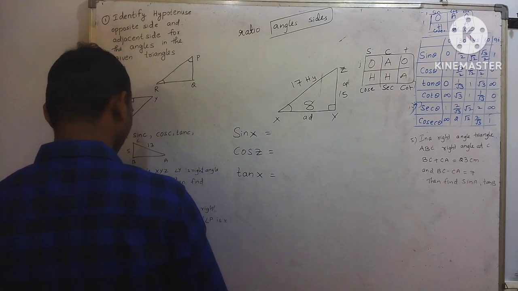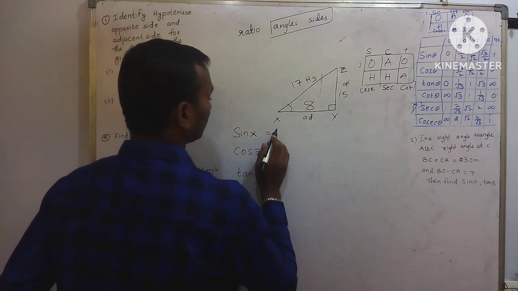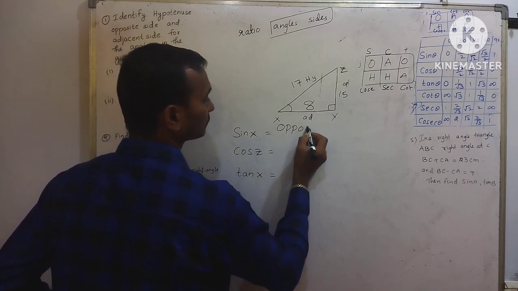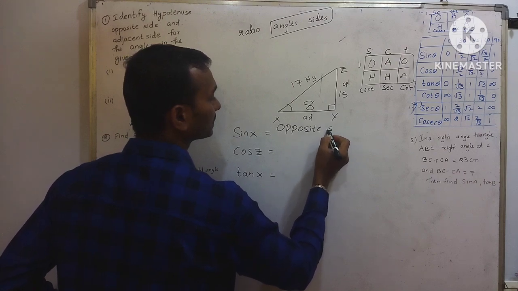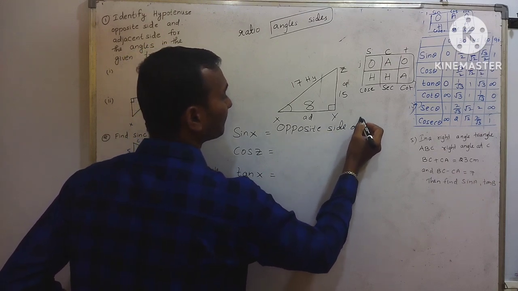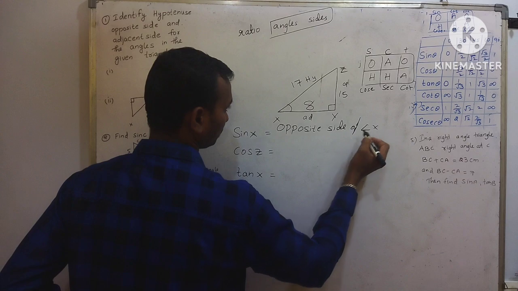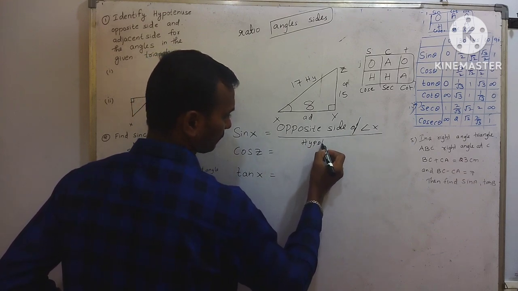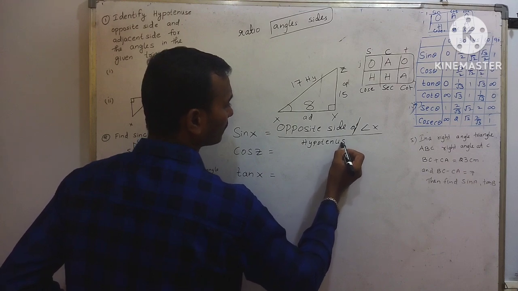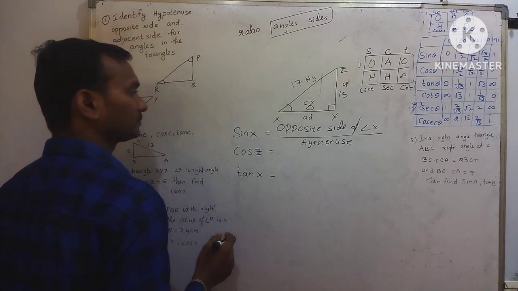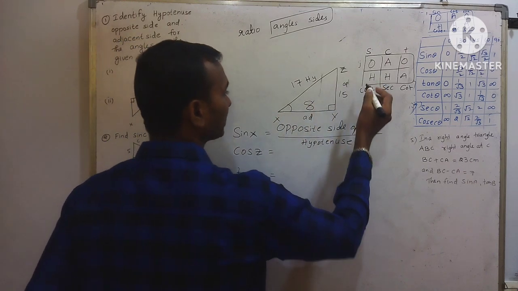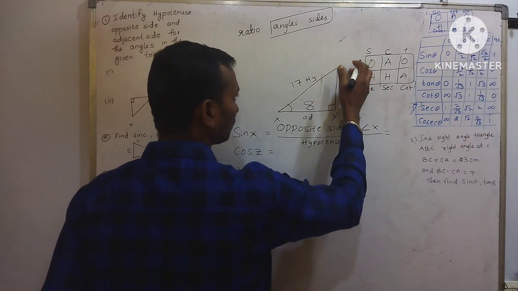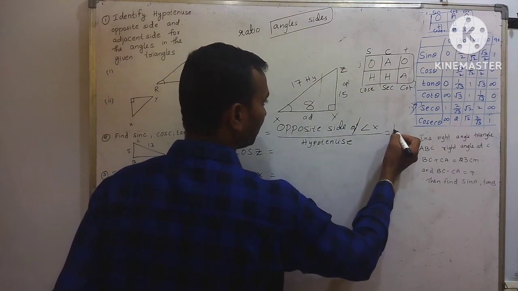Sin X means opposite side of angle X by hypotenuse. What is the opposite side for the angle X? That becomes 15, YZ is opposite. So that is 15.